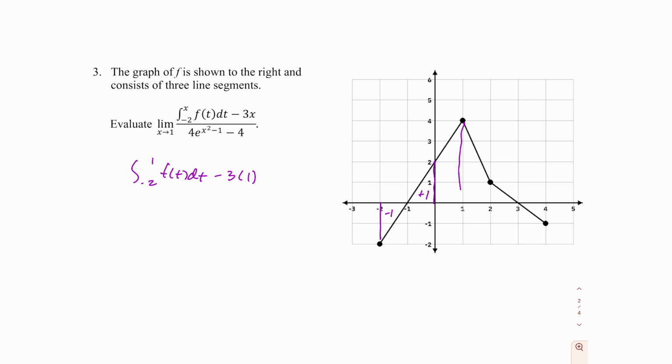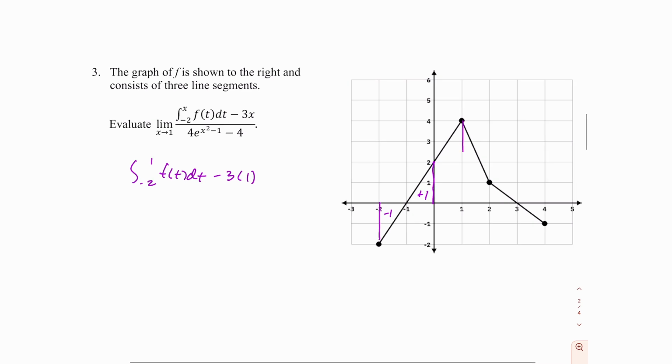Then we get 2, that's 3. So we get 3 minus 3, which is 0, and then in the denominator we get 4e to the 1 minus 1 is 0, minus 4 is 0.